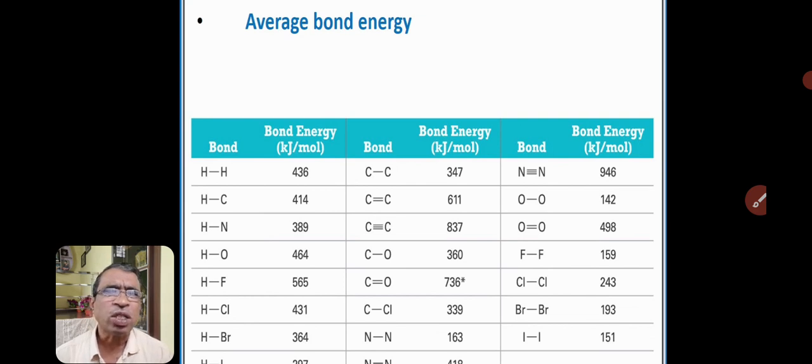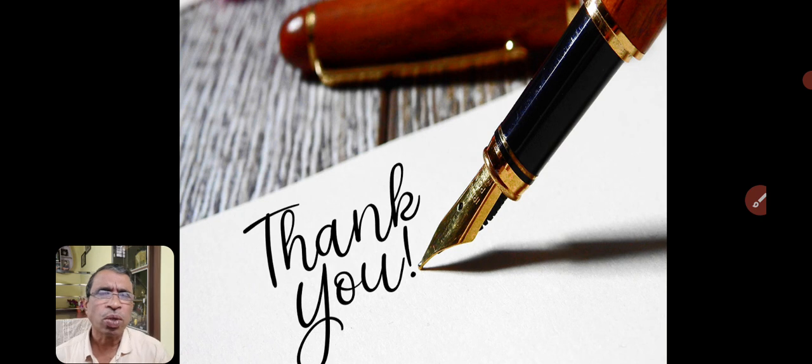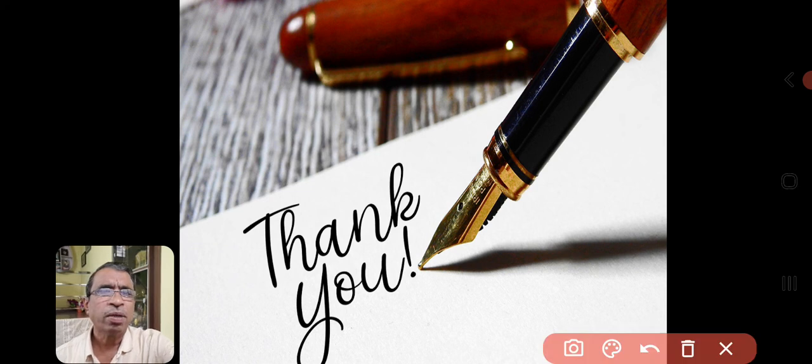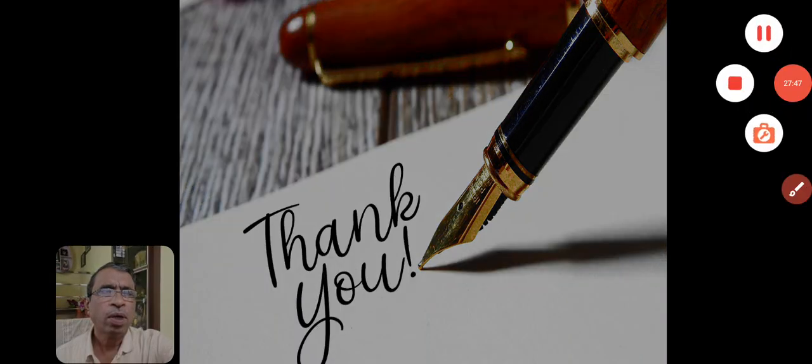This slide shows the average bond energies in various bonded atoms. Students, go through these things and try to learn about the various parameters, that is bond length, bond angle and bond energy. Thank you.